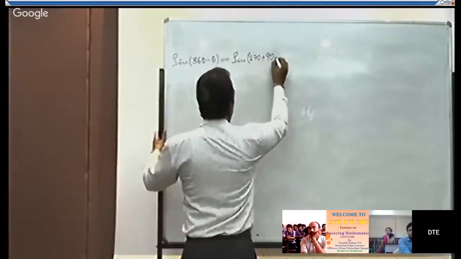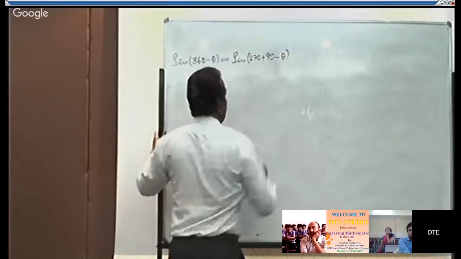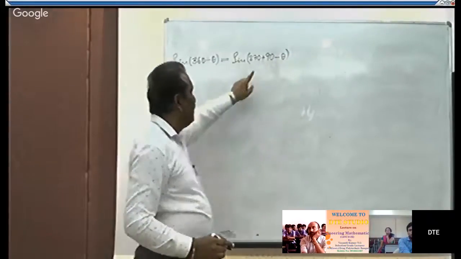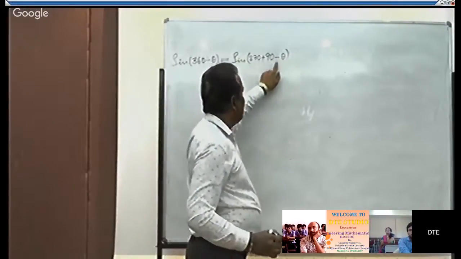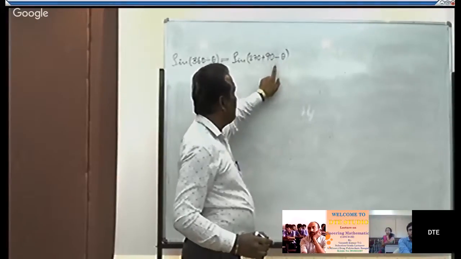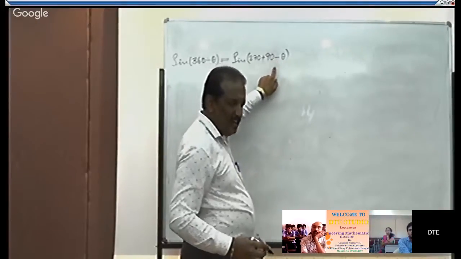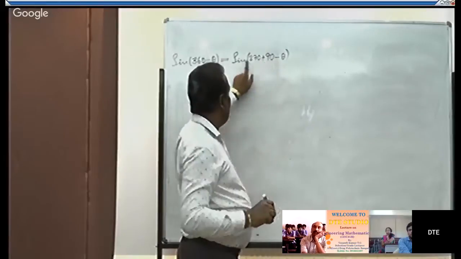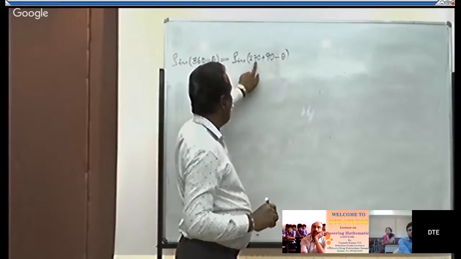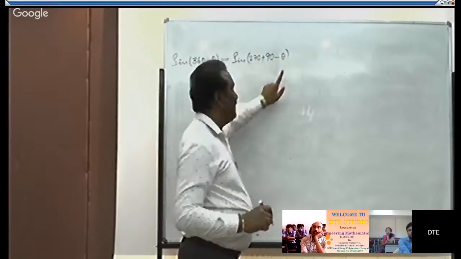Write down this minus theta as it is. Now observe here, 90 minus theta, as in the previous cases, we have to assume it as a theta.